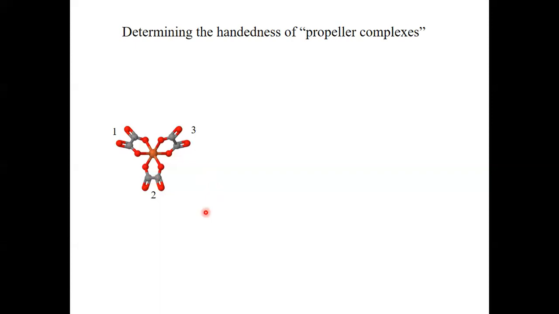In order to determine this, you first have to rotate this molecule so that one of the rings points to the back and is horizontally oriented. Now you can choose any of the 3 rings in order to do this. So we choose arbitrarily ring 1 here. We could also choose ring 2 or ring 3.